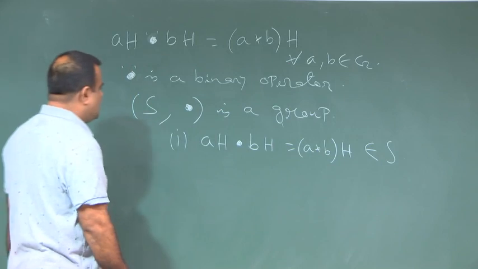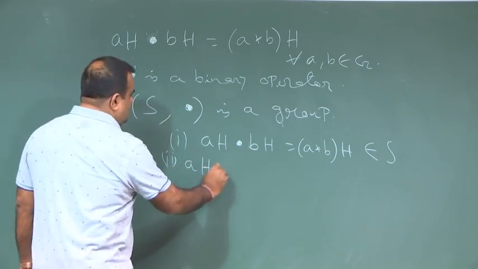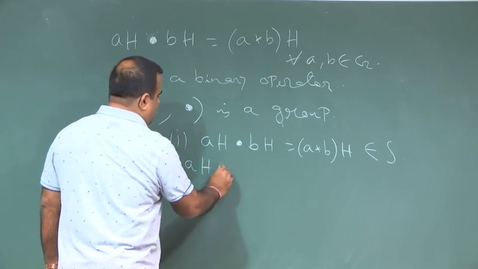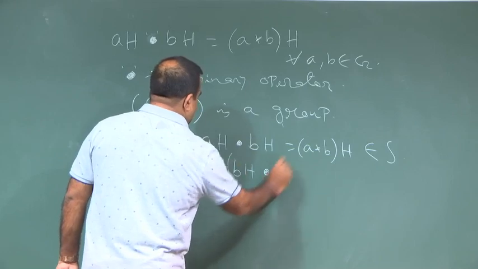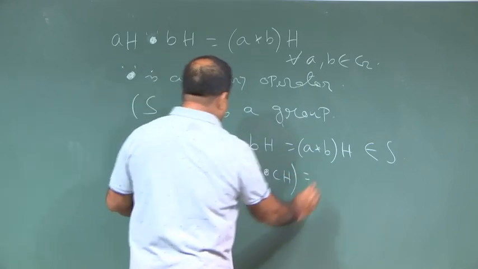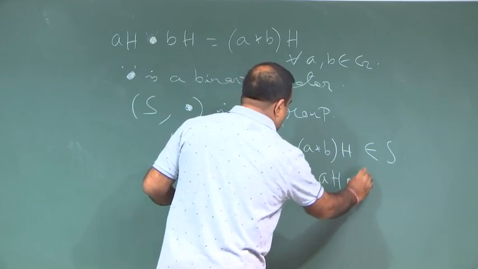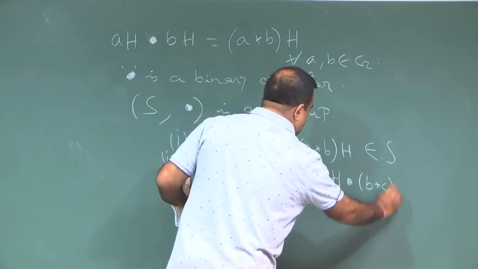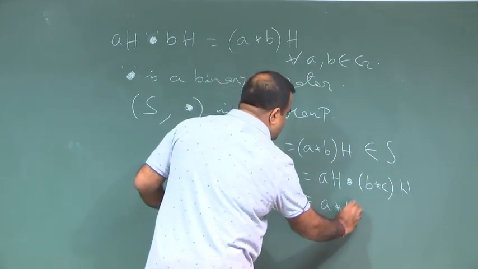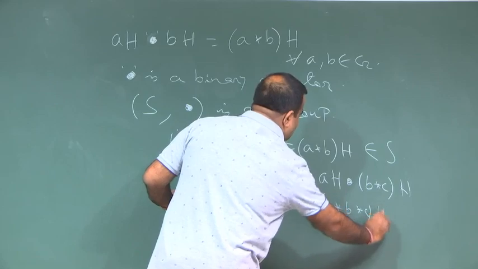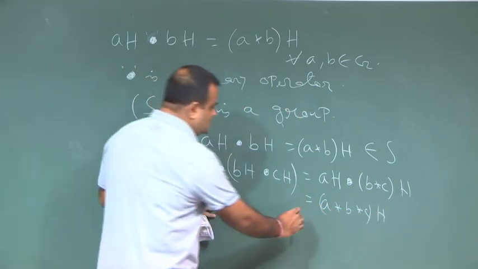So, closure property holds. Now, associativity: if you take aH operate with bH and cH, this must give us aH operate with b star c H. This is nothing but a star b star c H. Now, star itself is associative, because G is a group.